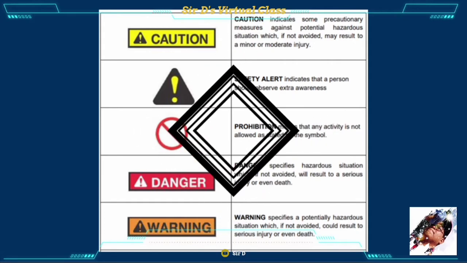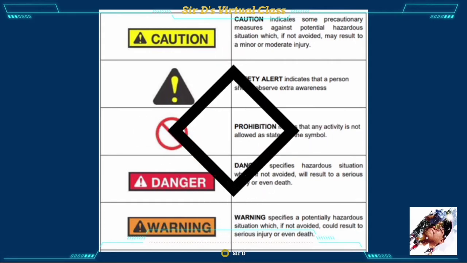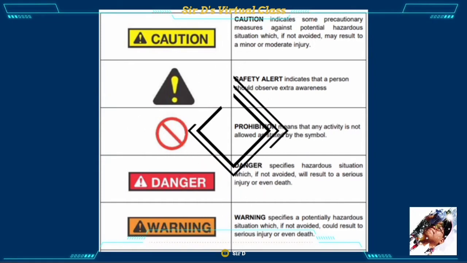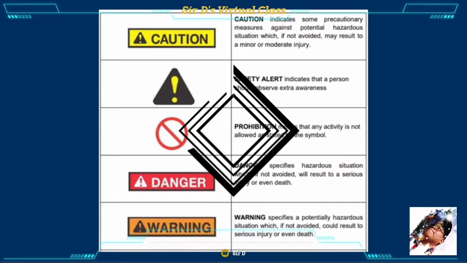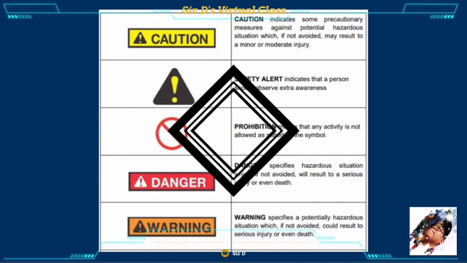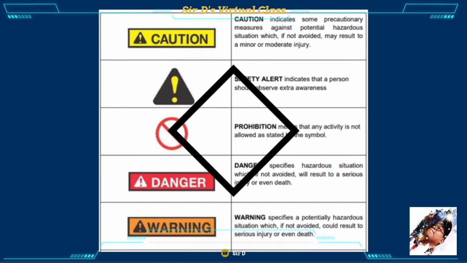Now let us look closely. The caution sign indicates some precautionary measures against potential hazardous situations which, if not avoided, may result in minor or moderate injury. Next to that we have the safety alert.